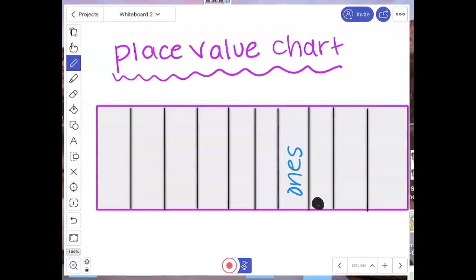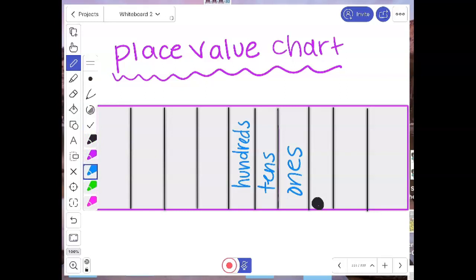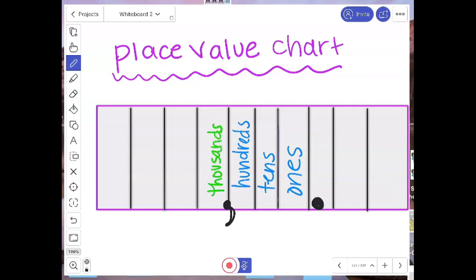So we had the ones place, and next to the ones place we had the tens, and next to the tens we had the hundreds. And then we had a comma. Let me switch colors here. We had a comma here. And then, next to the hundreds, we had the thousands. Next to the thousands, we had the 10,000s.